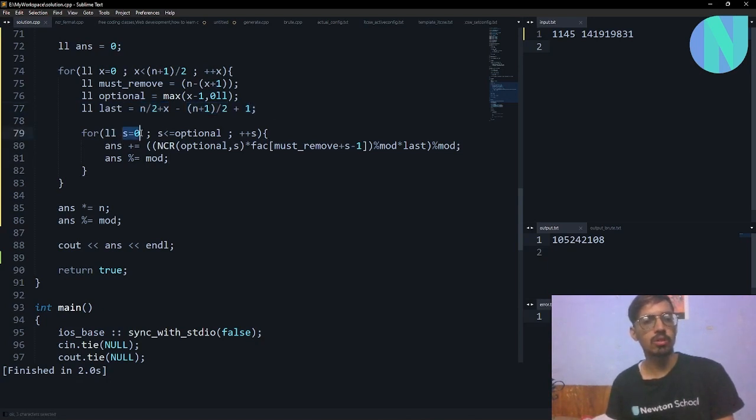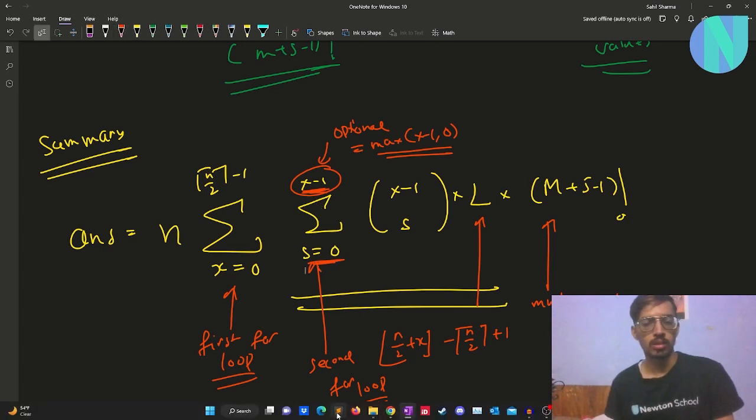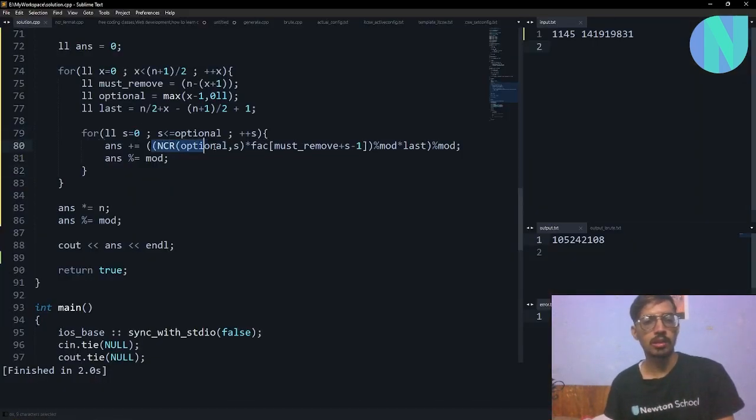Then I go over all values of s, right? Because I can choose any values of s from 0 up to optional. So the number of pegs that I want to remove out of optional pegs. So this is the second for loop, right? The number of pegs that I want to remove out of the optional x minus 1 pegs. So s goes from 0 up to x minus 1. Then I have NCR of optional s, because I have to choose s pegs out of optional.